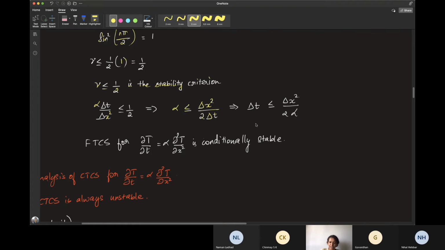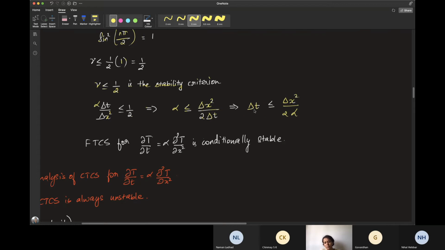So I'm writing this expression. From the same thing, I'm getting delta t less than or equal to delta x squared by 2 alpha. So if I fix the grid size delta x, and for a given governing equation I have alpha, in that case the time step delta t will be restricted by these terms. So I cannot take delta t greater than this for stability.